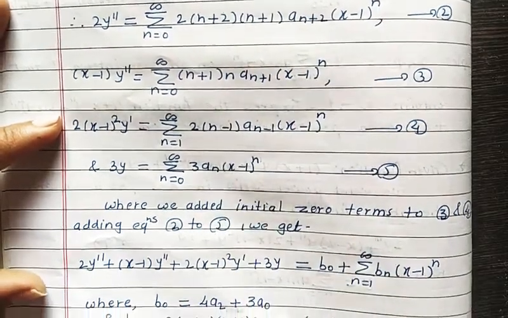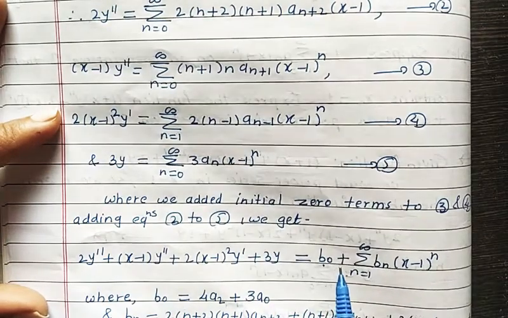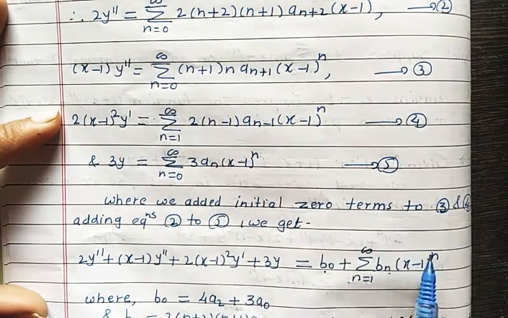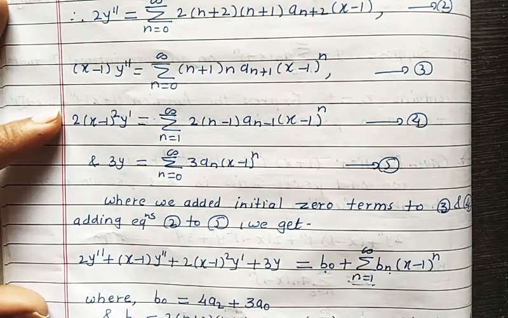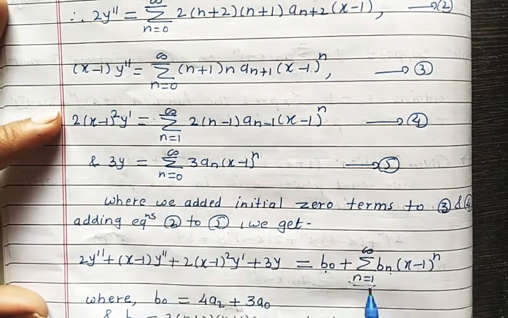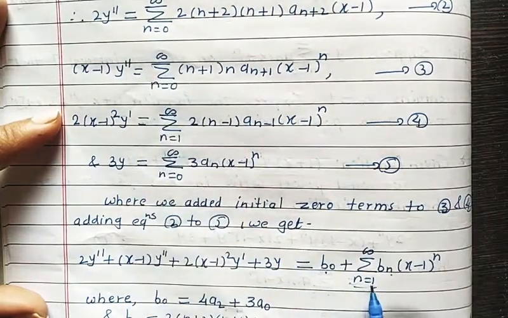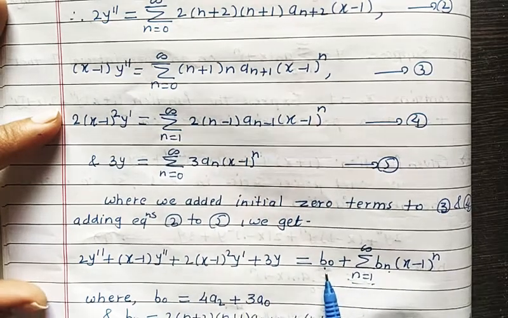Look here, we have written b naught plus summation bn x minus 1 raised to n, n varies from 1 to infinity. And we have not written here n varies from 0 to infinity because that term is calculated in b naught.